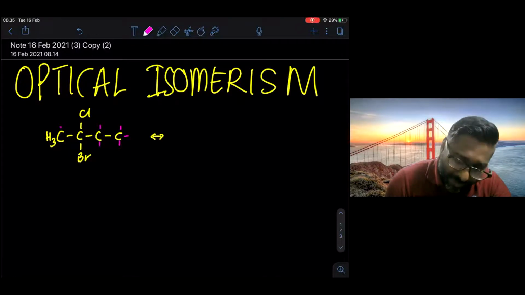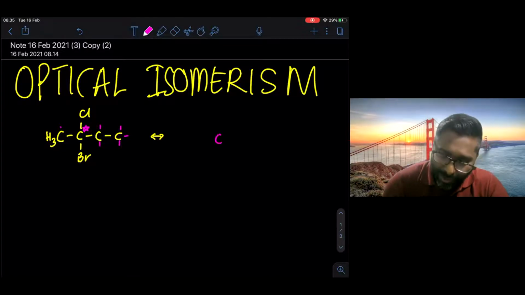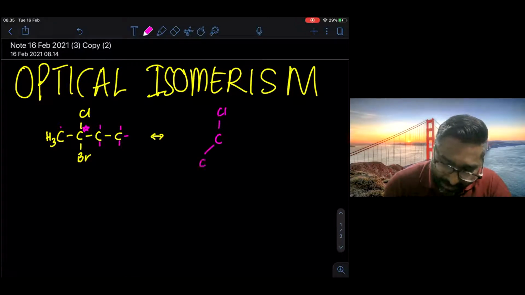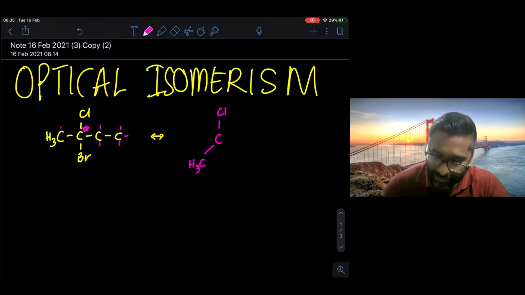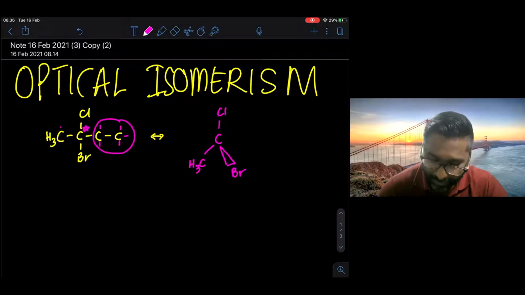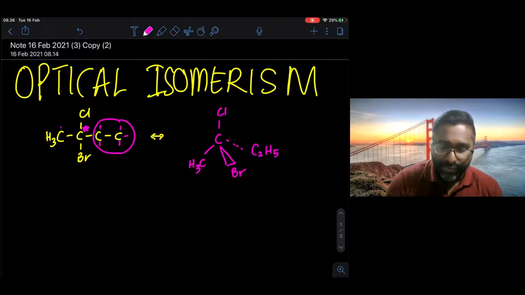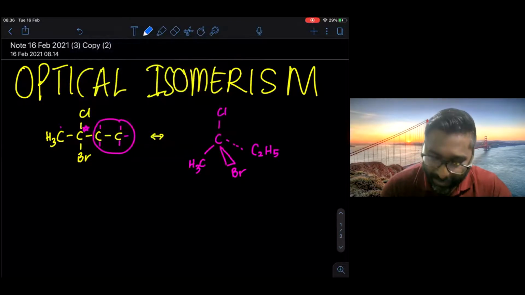But if you look at this carbon atom over here, if I rewrite this, this carbon has the Cl, the CH3, the Br, and this entire thing I write as C2H5. You can see very clearly now that there are four different groups attached to that carbon.